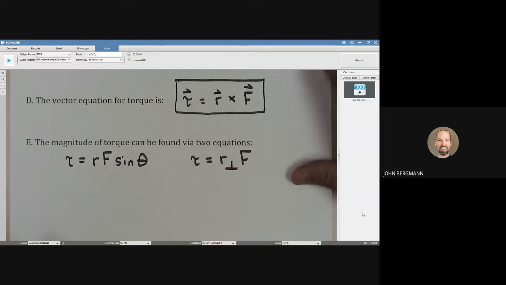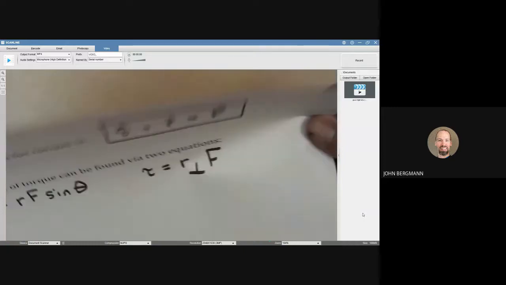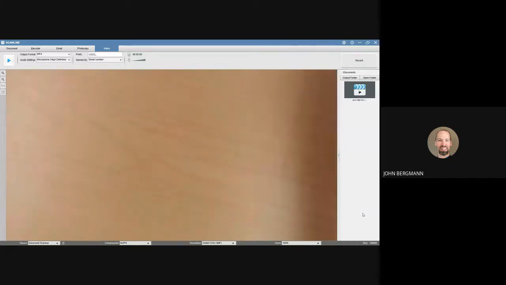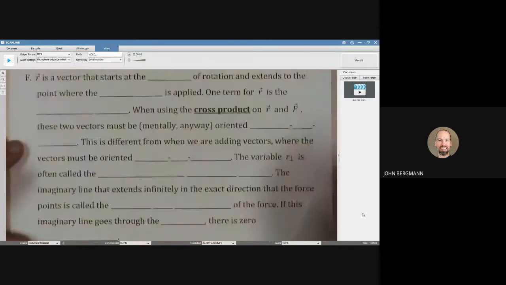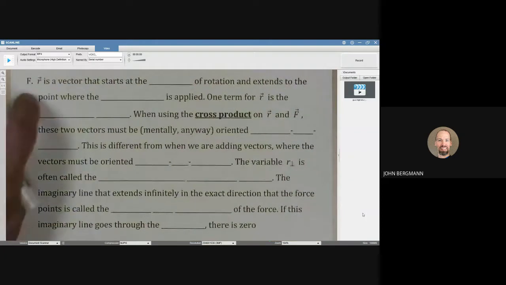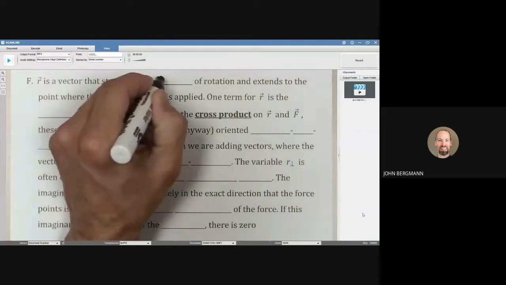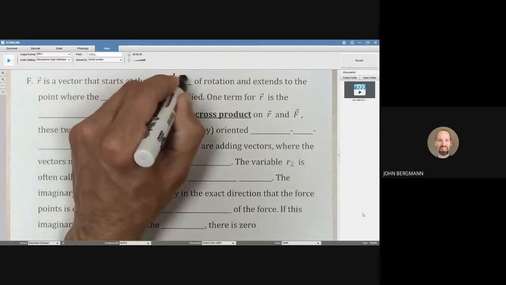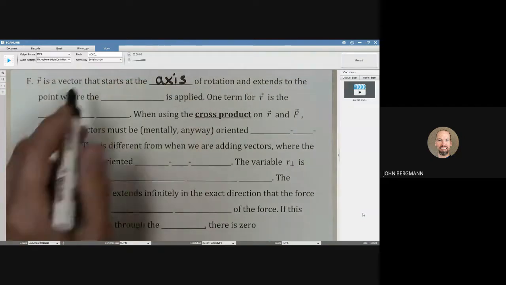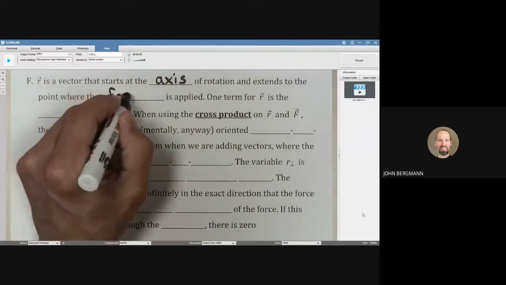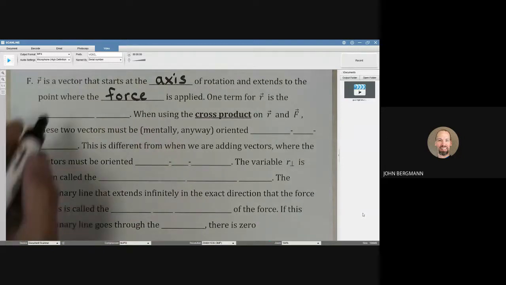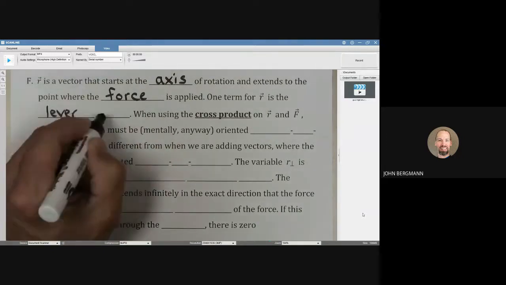Why don't we define a few of those terms and maybe elaborate on what's going on with those equations. So r is a vector that starts at the axis of rotation and extends to the point where the force is applied. One term for r is the lever arm.